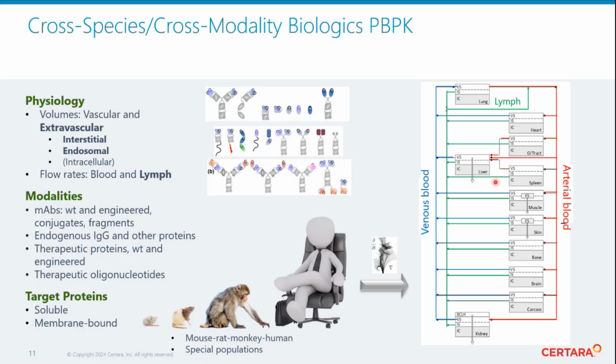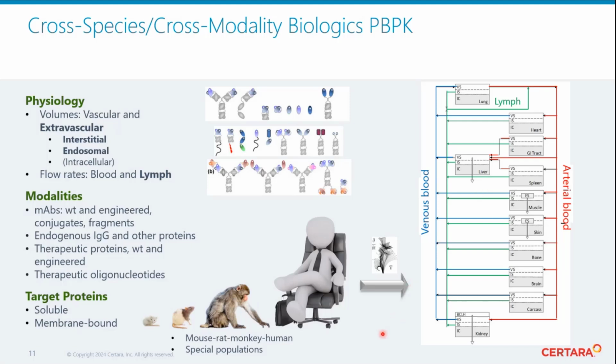Some biologics models are geared towards antibodies only. What we're talking about here is actually a fully flexible framework that can accommodate proteins of any size. Just to be absolutely sure, they can be dosed proteins, let's say from insulin to antibody and beyond. It also covers all endogenous proteins of any size as well.